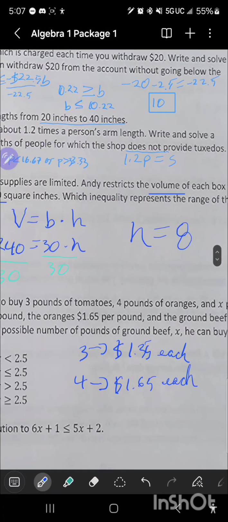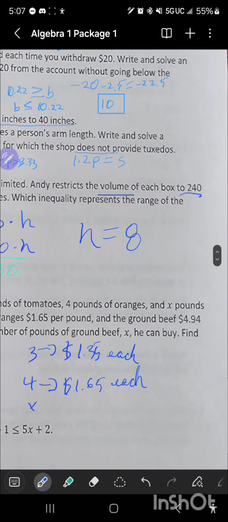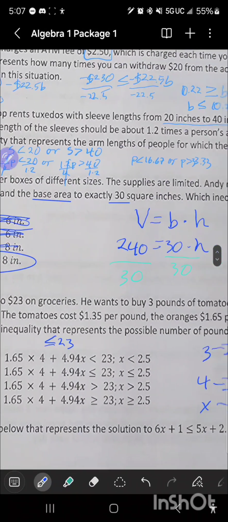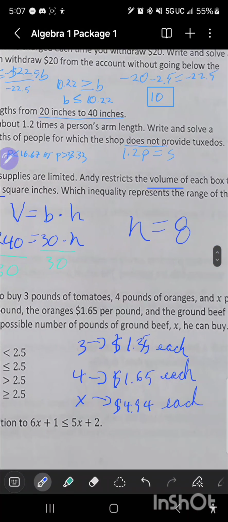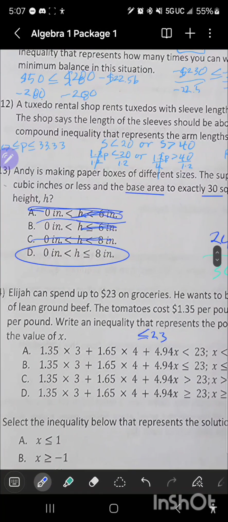And then he wants to buy beef, x pounds of beef, at $4.90 each. Now, write an inequality that represents the possible number of pounds of ground beef x he can buy. Find the value of x.